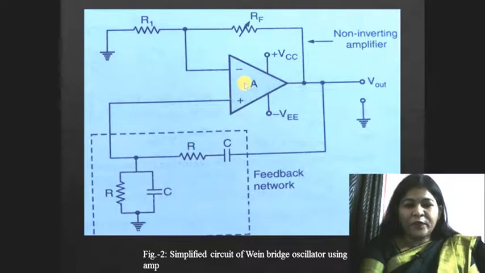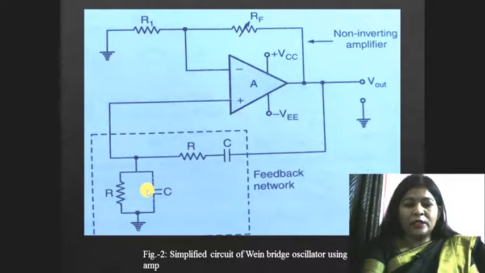Here there are two modes at this operational amplifier, inverting and non-inverting. At inverting mode, R1 and RF are present. Here RF is variable, so you can vary the value of RF, and R1 and RF are used for the gain purpose. At non-inverting mode, one arm is in parallel and the other arm is in series.